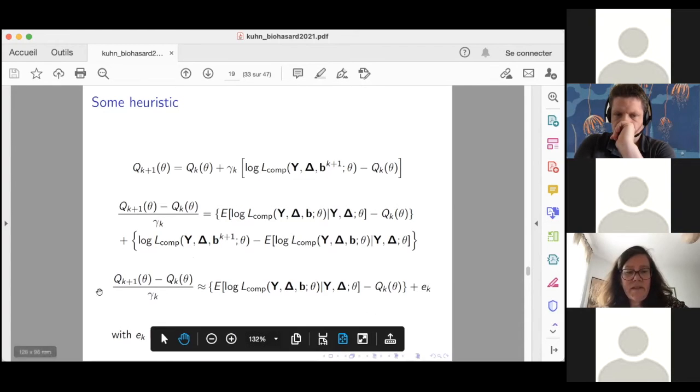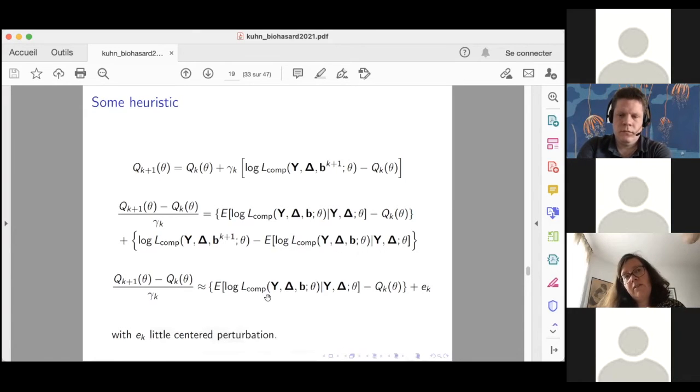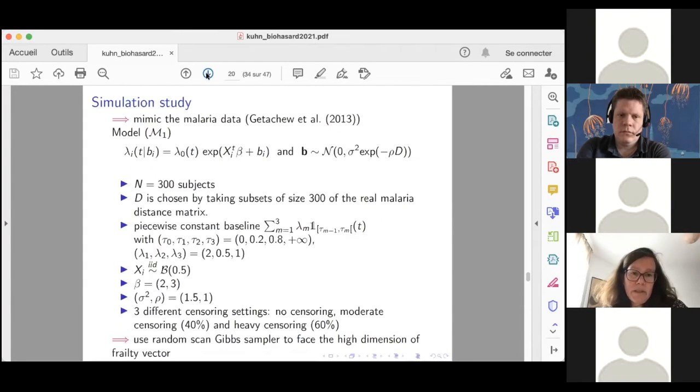And then I see that if the increasing rate converges to 0, here you see that QK indeed converges towards the quantity of interest. So QK is, in the stochastic version, a sequential approximation of the quantity involved in the E step of the EM algorithm.